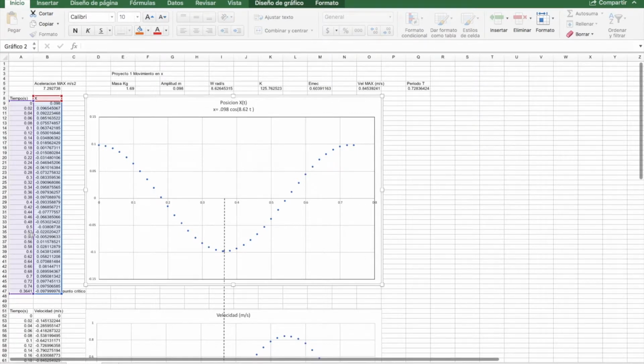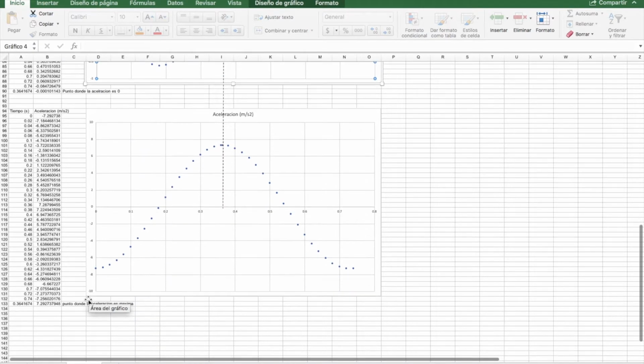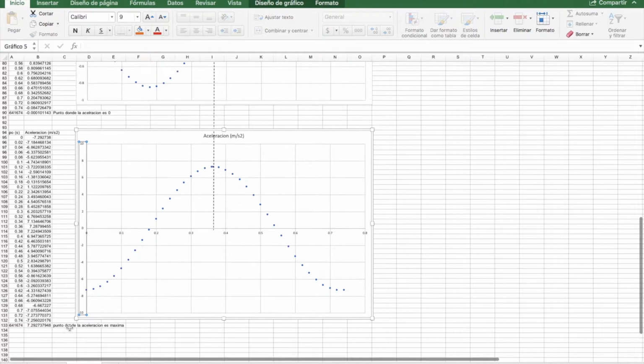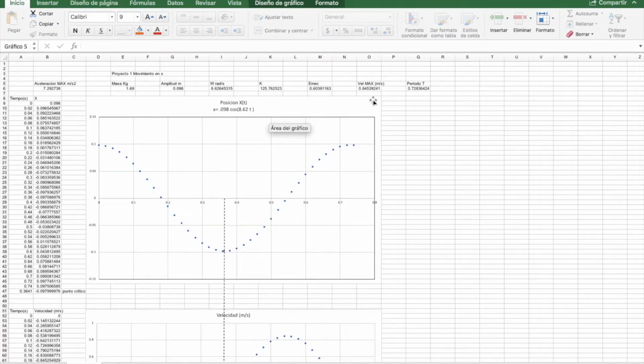We deduce the equation of position, the equation of velocity, and the equation of acceleration. Also, we calculate the max velocity and the critical points of the graphs and all the variables of harmonic motion that we needed.